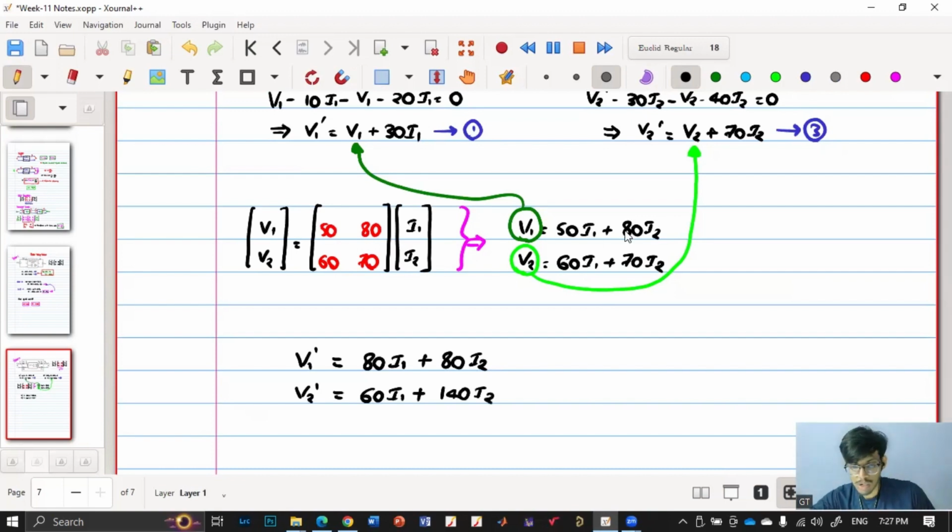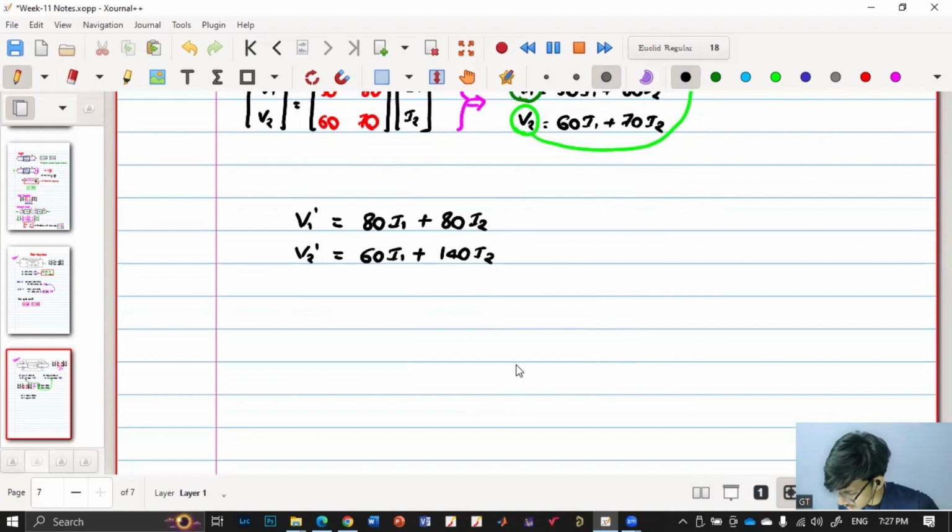Got it? So this is for the outer two-port network.